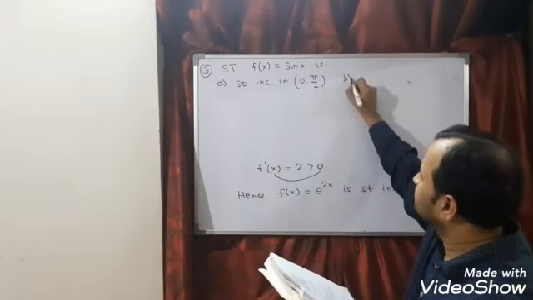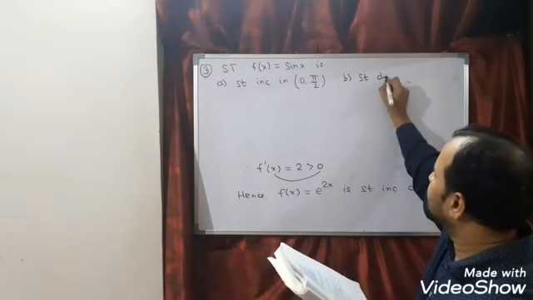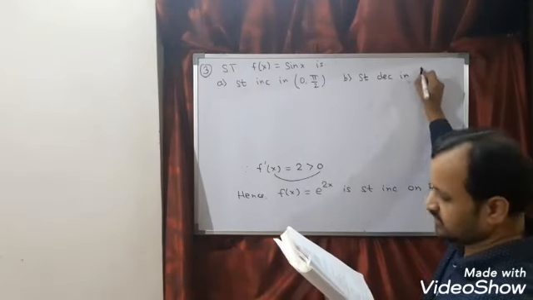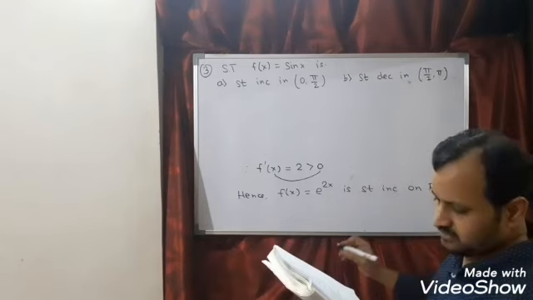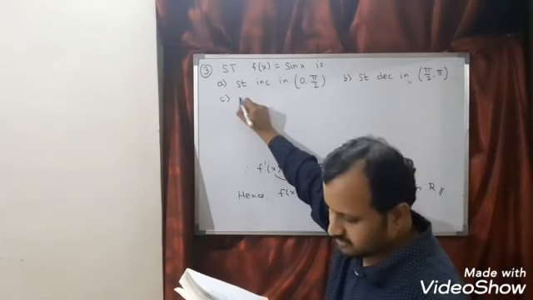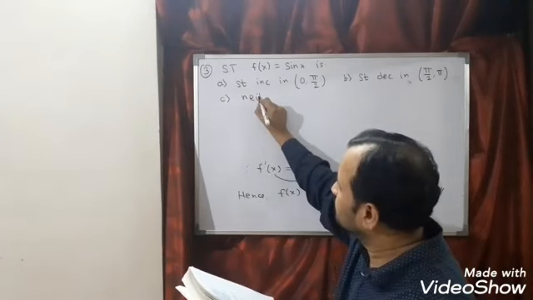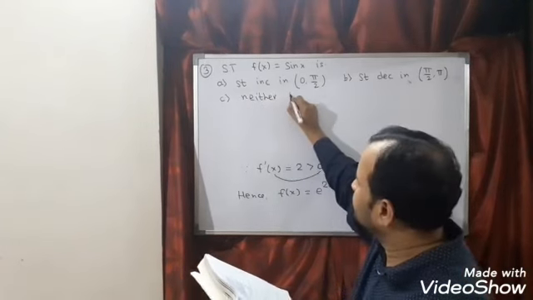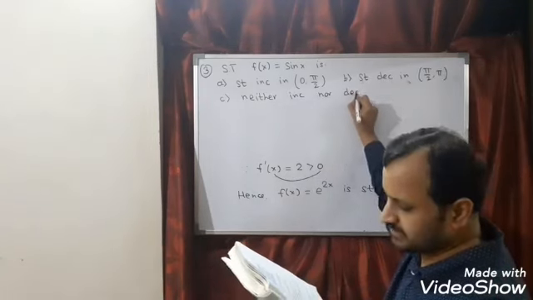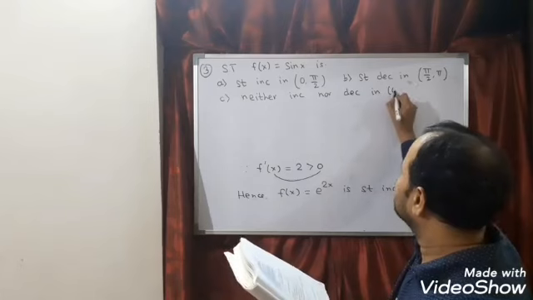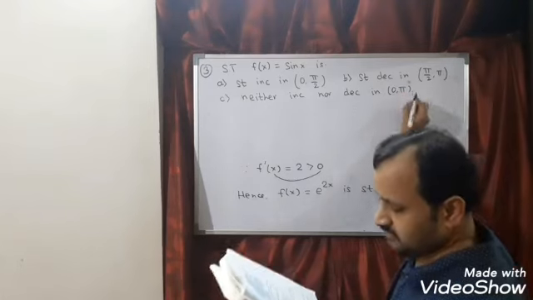Second bit, strictly decreasing in pi by 2, pi. And one more bit is here, neither increasing nor decreasing in 0, pi.